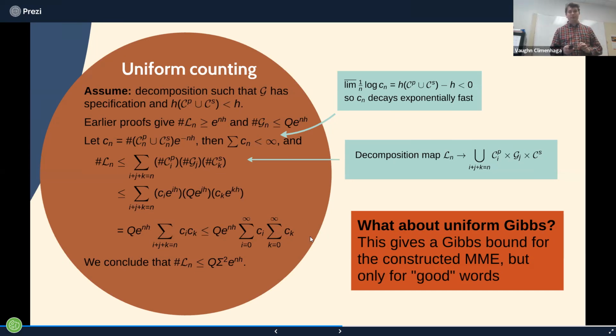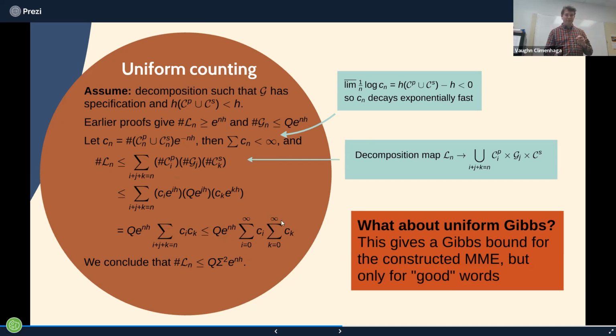But let me highlight one place where things do get more complicated. So here I've given the impression that as long as you have a decomposition with the specification property and this entropy gap, everything's just fine. You can just repeat the original proof. You still get the uniform counting bounds, and you run the uniqueness argument exactly as Vaughn. It's not quite that simple, because when you try to prove this uniform lower Gibbs property, which was the other crucial ingredient for the uniqueness argument, you don't actually get a uniform Gibbs property out of this.